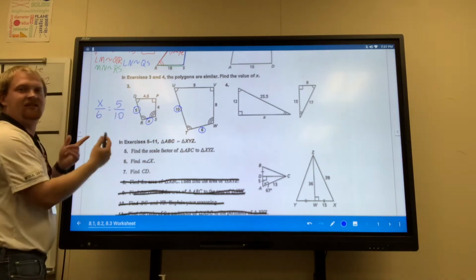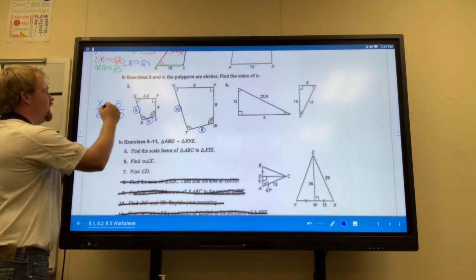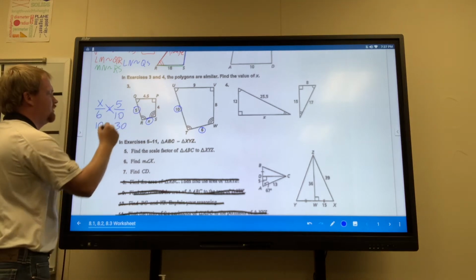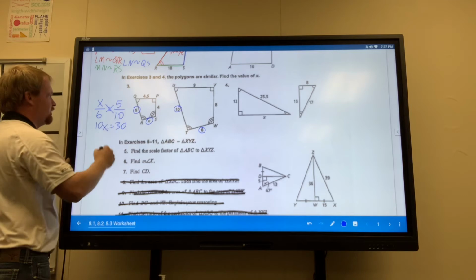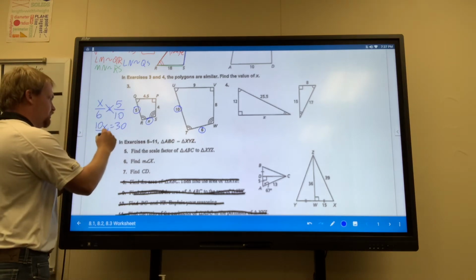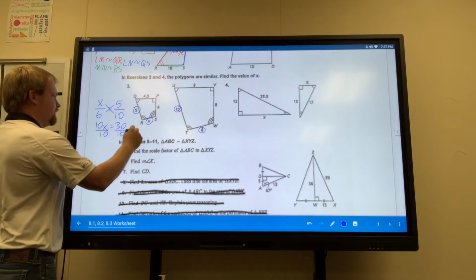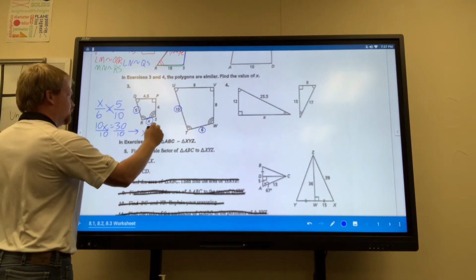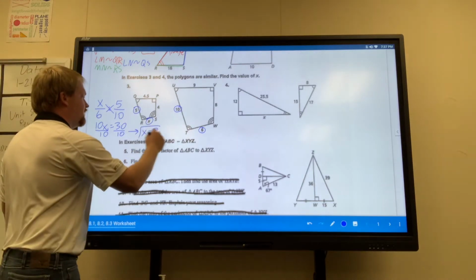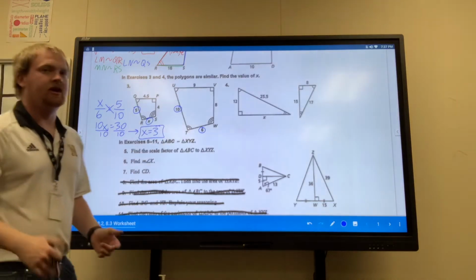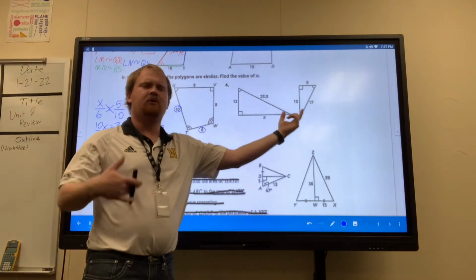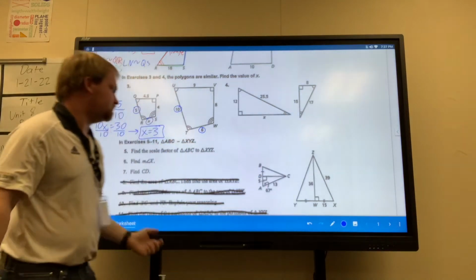Once I set this up accordingly, I want to cross multiply. So 10x equals 30, because I'm doing 10 times x, 6 times 5. I divide by 10, and that gives me x equals 3. That's all we have to be able to do, we just have to solve for x.